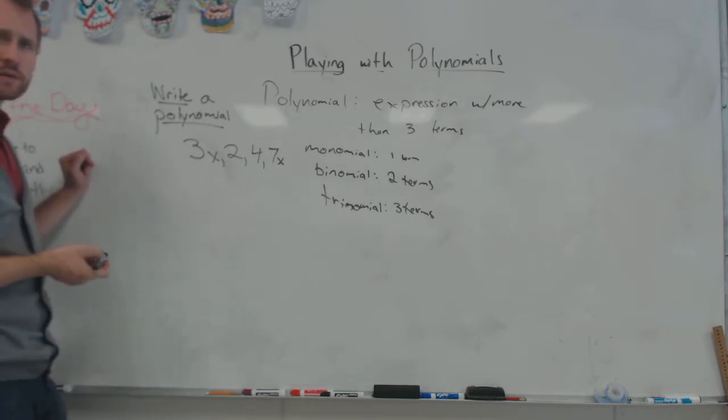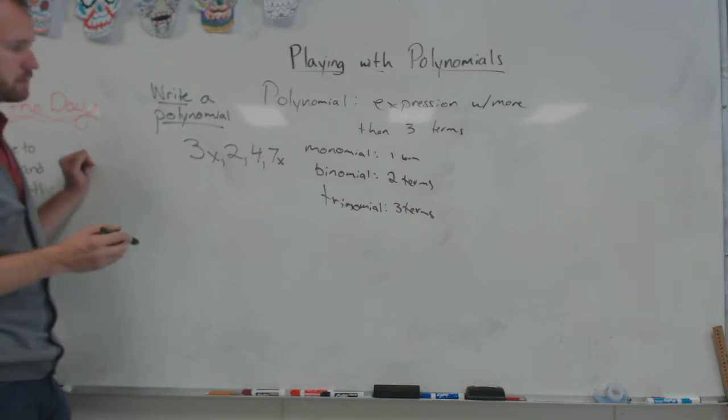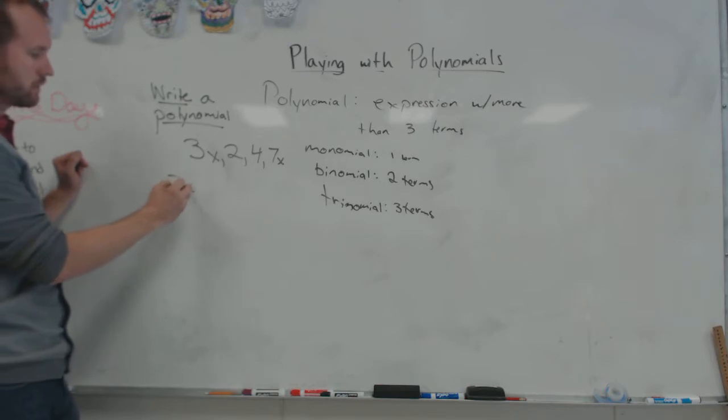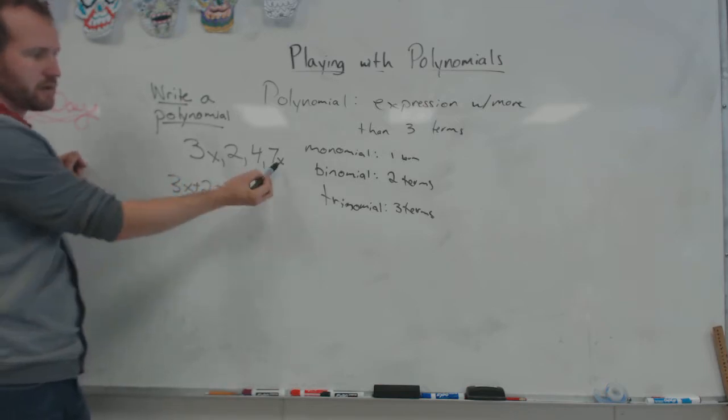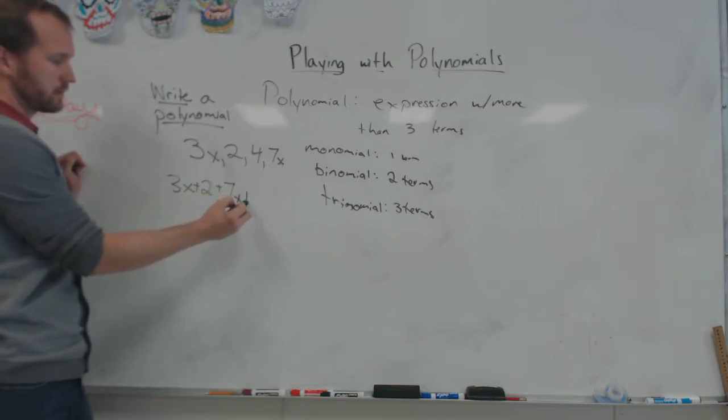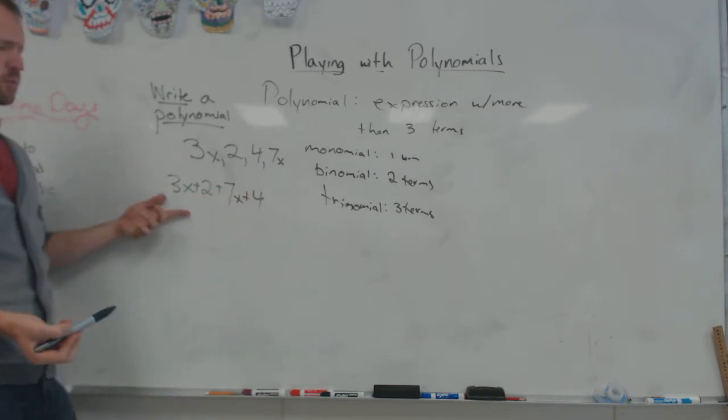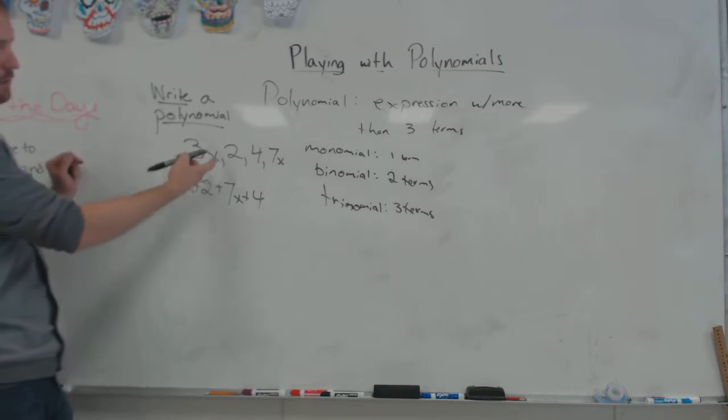There's a lot of ways you could do this. What's one way? 3x plus 2 plus 7 plus 7x. Yeah, so this is one polynomial that I've written with those 4 terms.